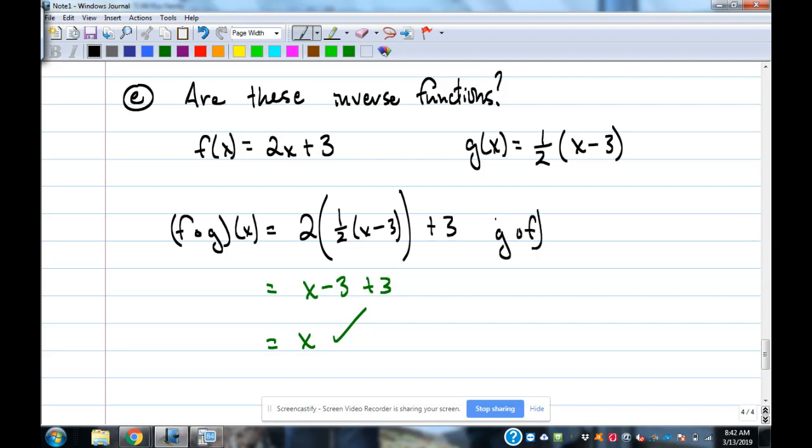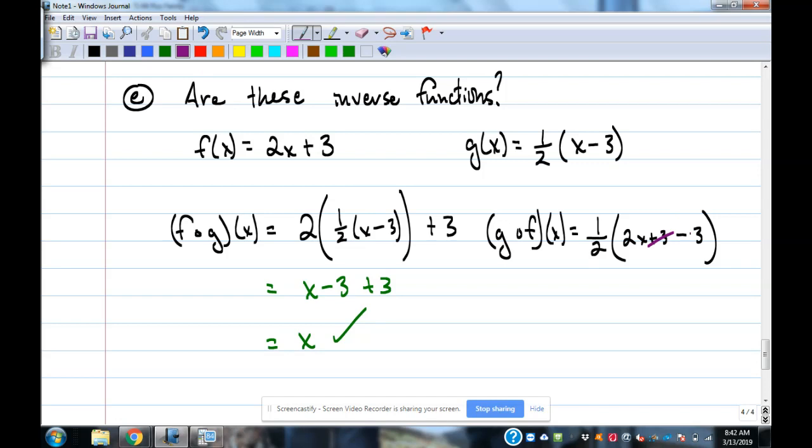G composed with F of X. That means we're taking what and putting it into what? F into G. So 2X plus 3 is going to replace the X. So it's 1/2 parentheses 2X plus 3 minus 3. Well, order of operations says do the parentheses first.